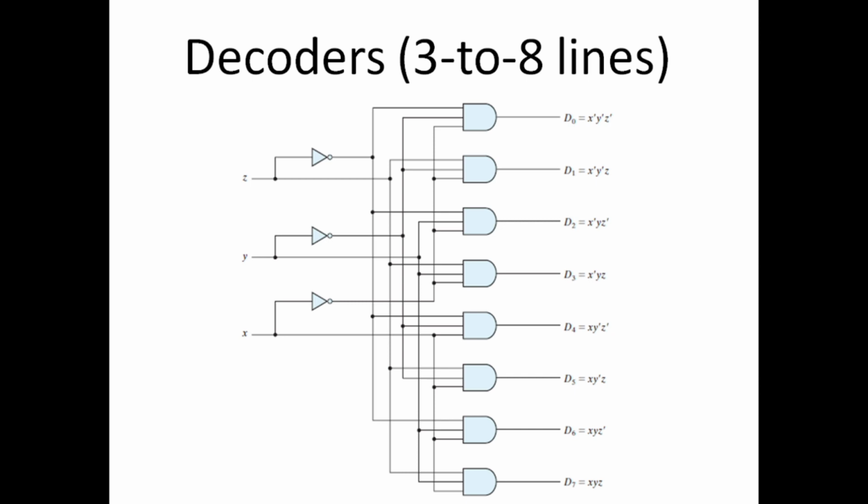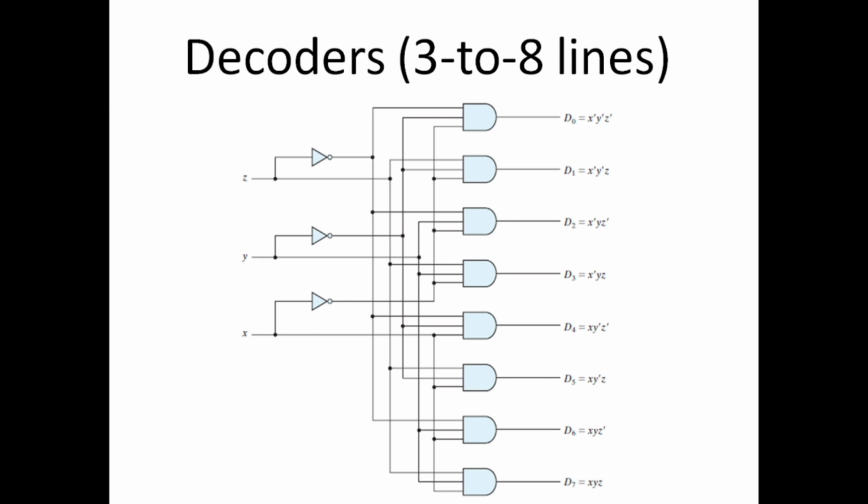So this decoder includes an AND gate for every minterm. In other words, every AND gate is responsible for generating a minterm. There are 8 minterms and 8 AND gates.